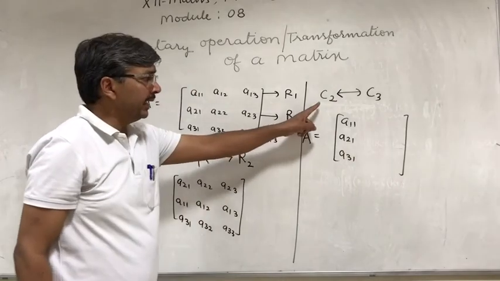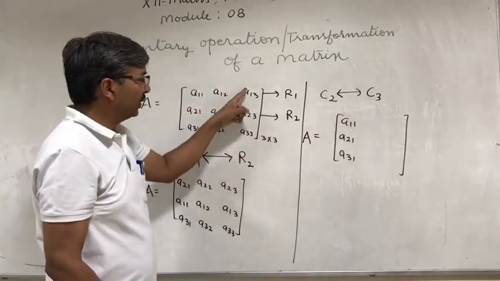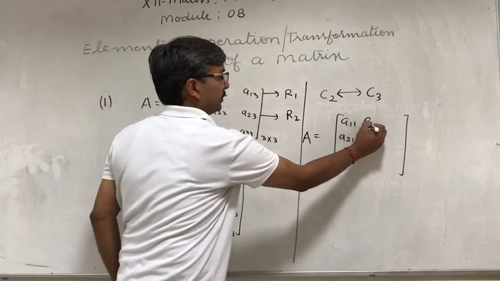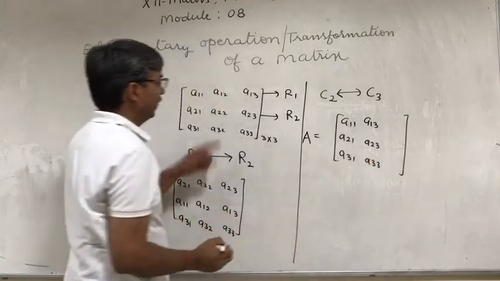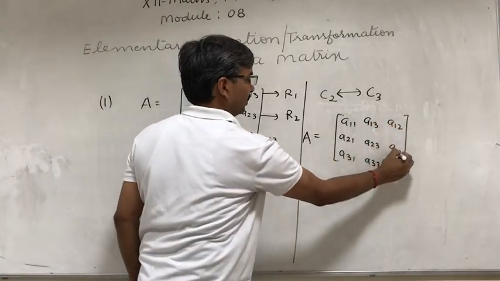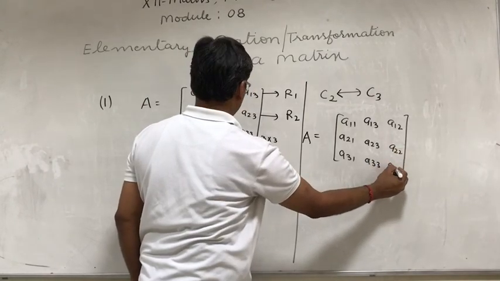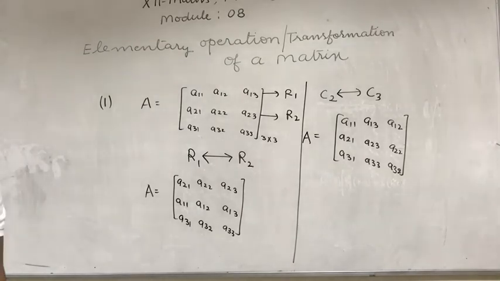We will change C2 into C3, C3 into C2. So C3, A13, A23, A33, and A12, A22, and A32. Like this, we will apply this operation.